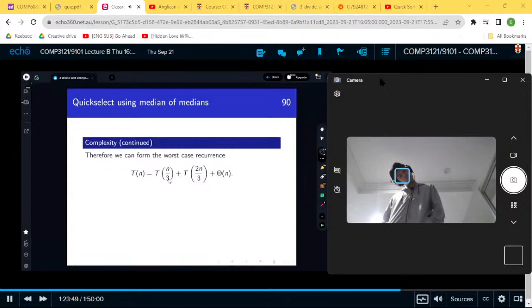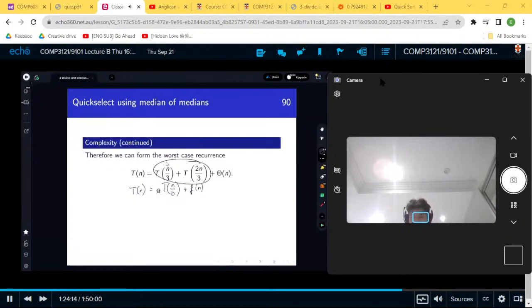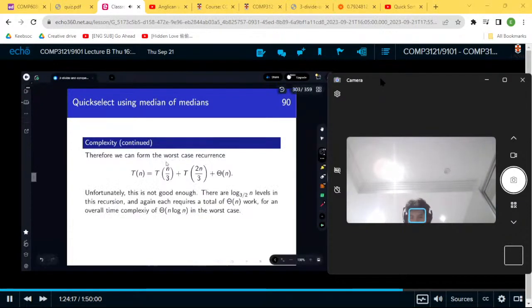So let's use the master theorem. Actually, can we use the master theorem? Usually we had recurrences of the form a times T of n divided by b plus f of n. But now we have these two things, right? So we can't directly use the master theorem, but we can still reason about the time that's needed.